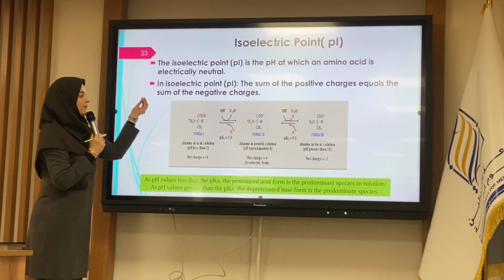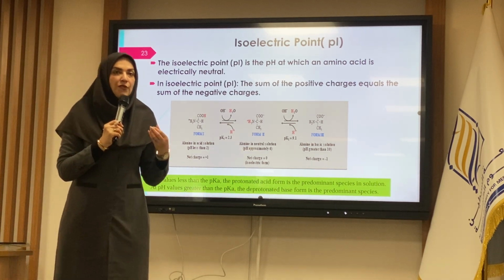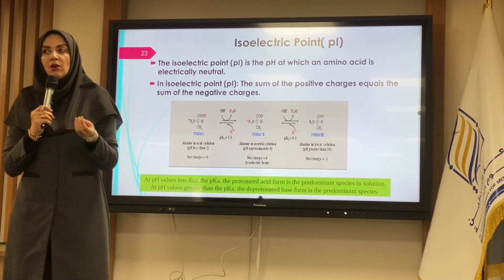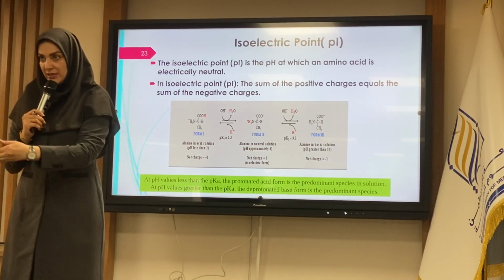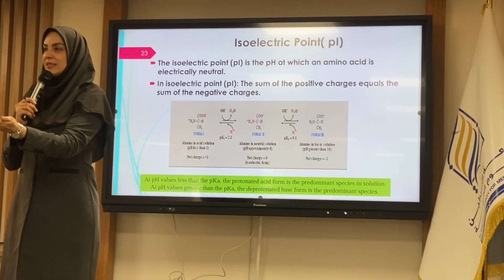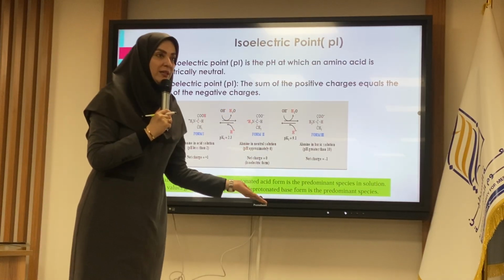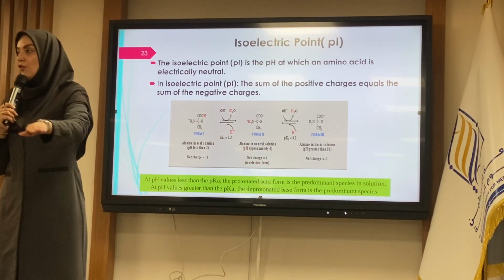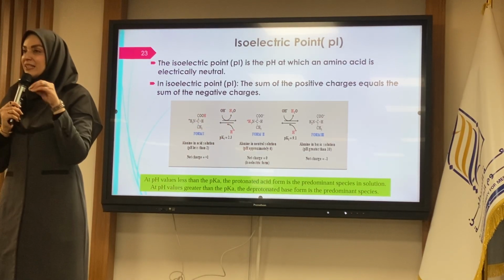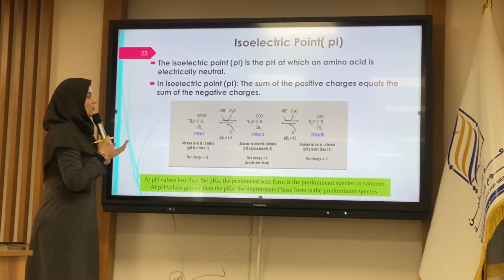So whenever you want to describe the concept of PI, it is the pH of your environment. Sometimes it is 7, sometimes 4, sometimes 3, depending on your amino acid. It is the pH at which the charge of your amino acid is neutral or 0.